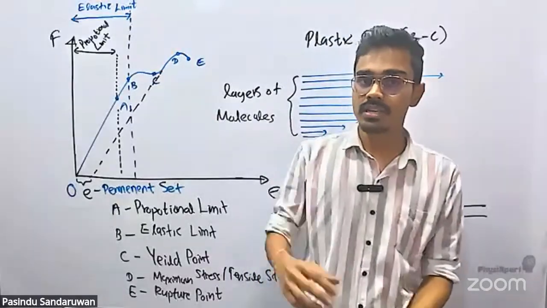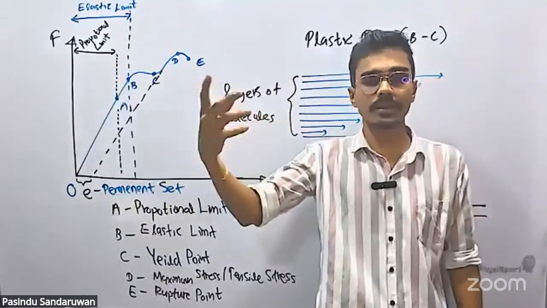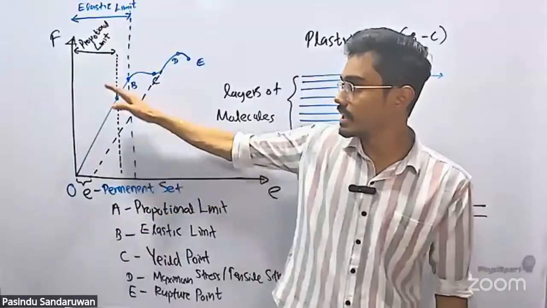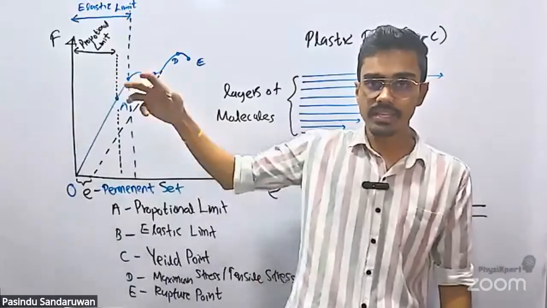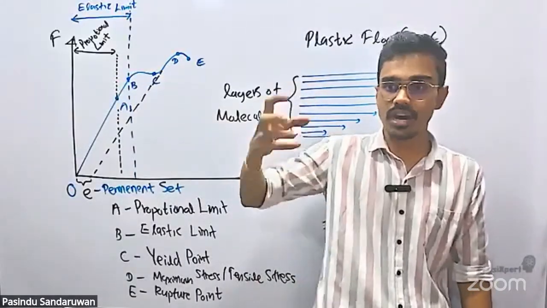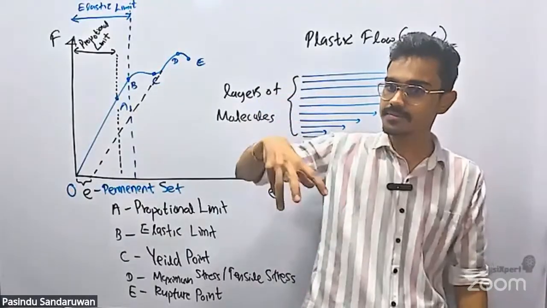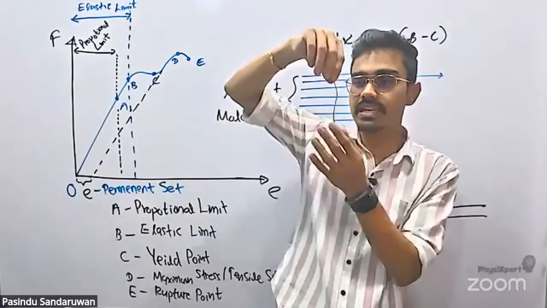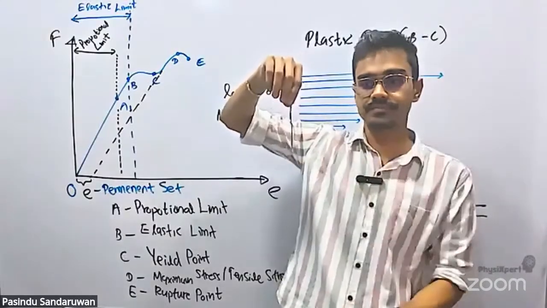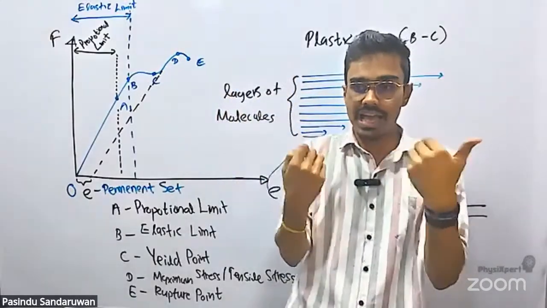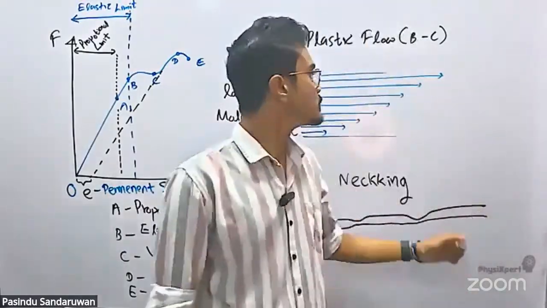That is because after point B, plastic properties of the object start to come into play. Until point B, it is 100% elastic. But after B, plastic properties are also coming into play, while elastic properties are still there. So with the elastic properties, it tries to take it back, but with the plastic properties, it tries to keep it there. As a result, it stays somewhere in between. That is called the plastic flow.